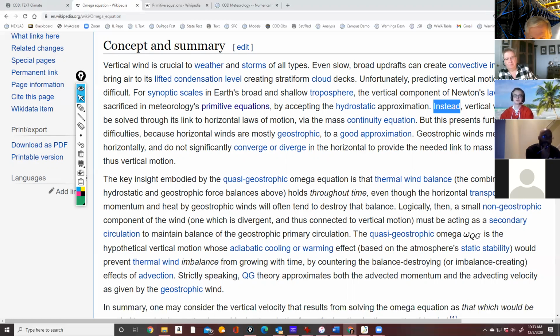Geostrophic winds merely circulate horizontally and do not significantly converge or diverge in the horizontal to provide the needed link to mass continuity and thus vertical motion. Geostrophic wind is non-divergent. So the only way that you get vertical motions is if you have convergence or divergence, which is ageostrophic. Ageostrophic winds are going to result in vertical motions.